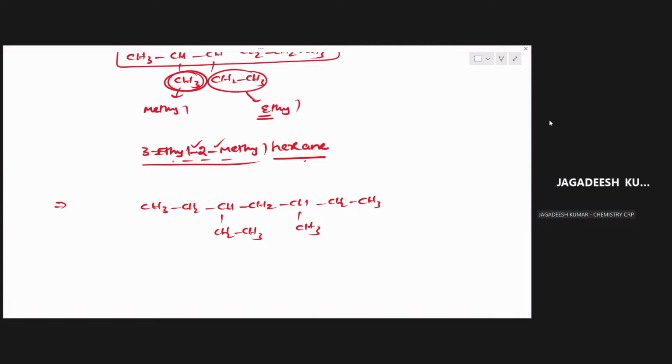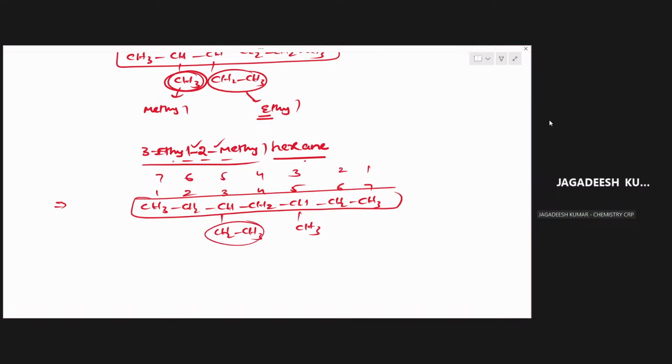Let us see now. I am selecting the longest chain and giving the numbering. Left to right: 1, 2, 3, 4, 5, 6, 7. You can number from right to left also: 1 to 7. But which one is correct? I told you already, the substituent positions here are 3, 5, and on this side also 3, 5.